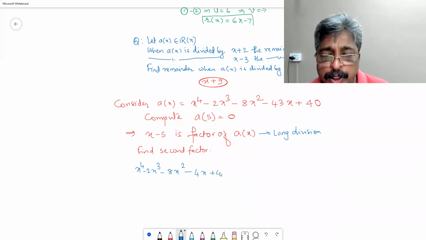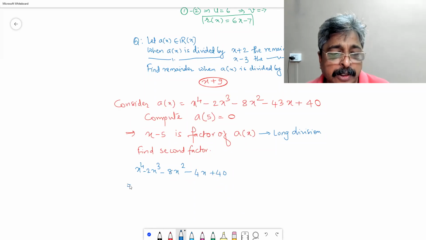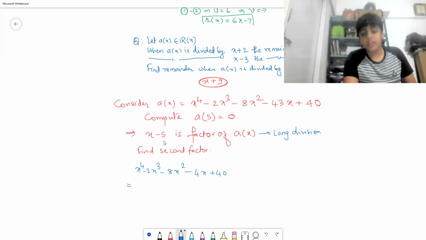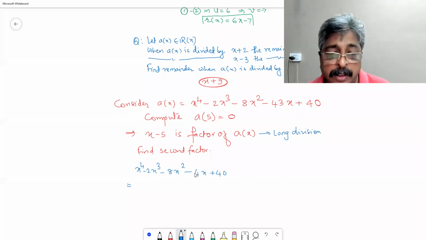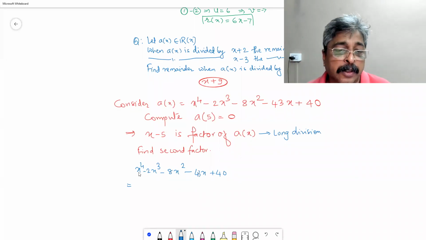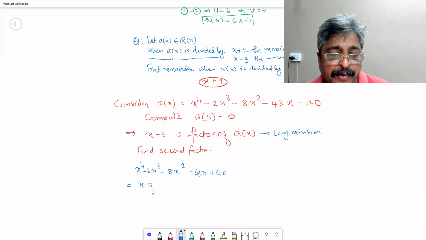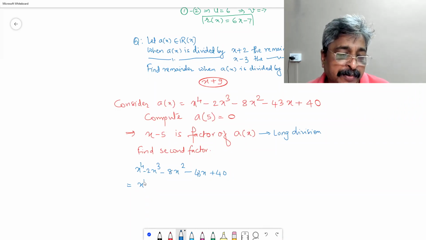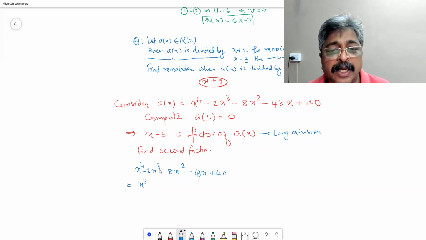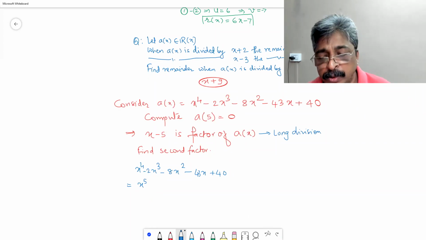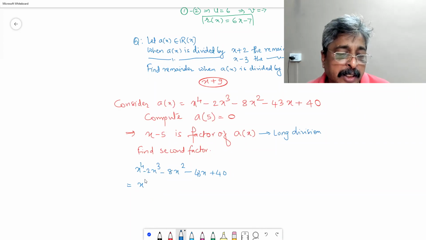Therefore, x fourth minus 2x cube minus 8x square minus 43x plus 40 is equal to x minus 5 times something. Let me write x fourth minus 5x cube.